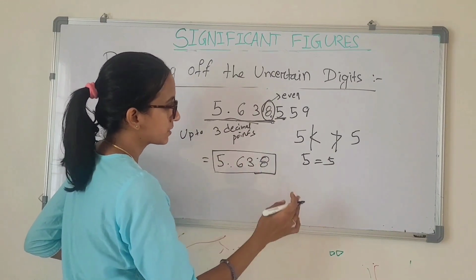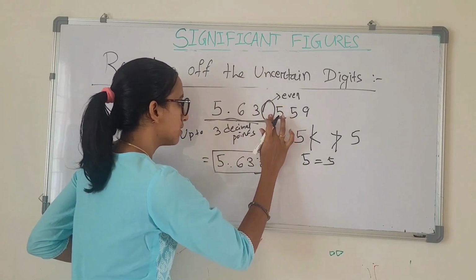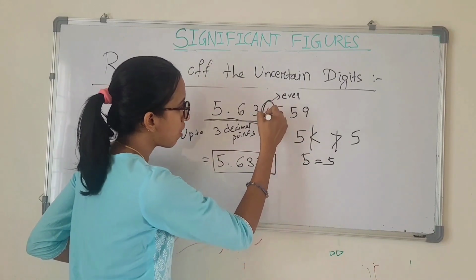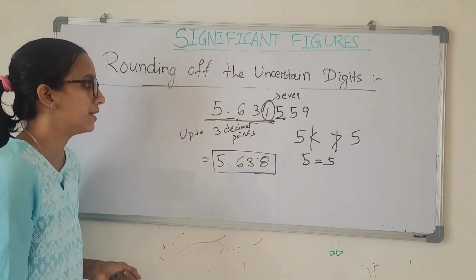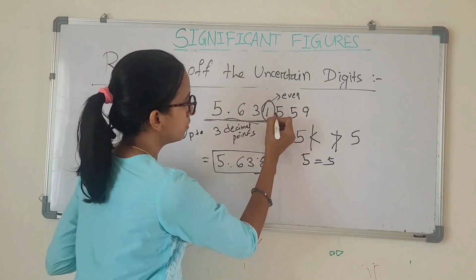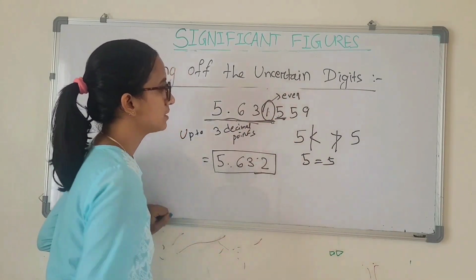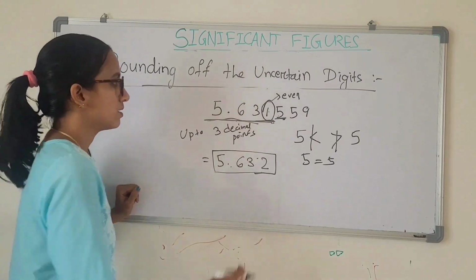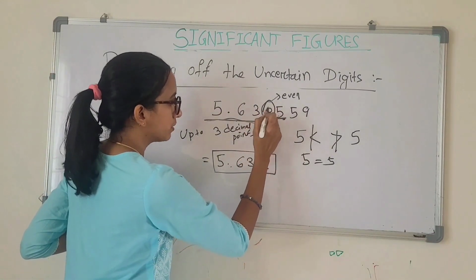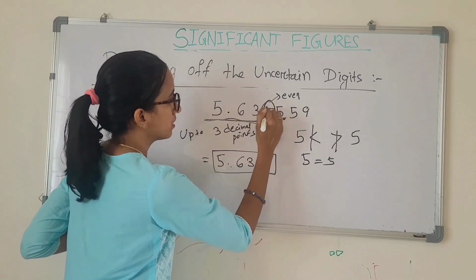Next case, if the number is not even, if it is odd, like 1, then what will you do? You will add 1 to it and write your answer. It may be 1, it may be 3, it may be 5.